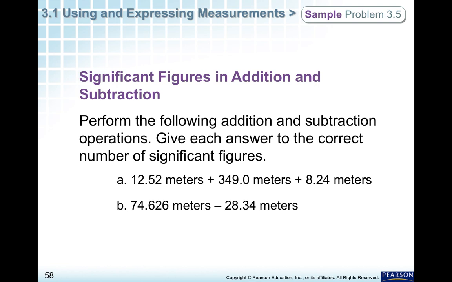So I can only report 2 decimal places, regardless of how many total significant figures I get. In the second one, I know 3 significant digits past the decimal point in B, and I know 2 significant figures past the decimal point in the second number, so I can only report 2 decimal places, regardless of what that number ends up being.